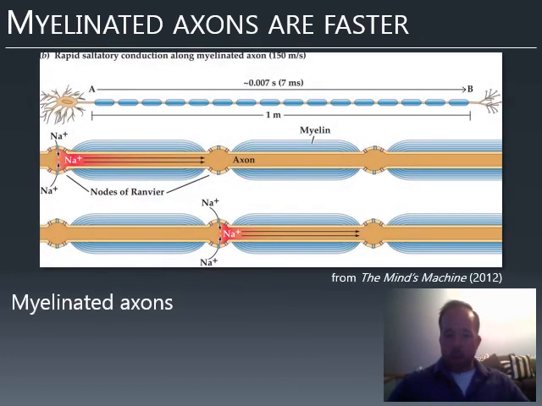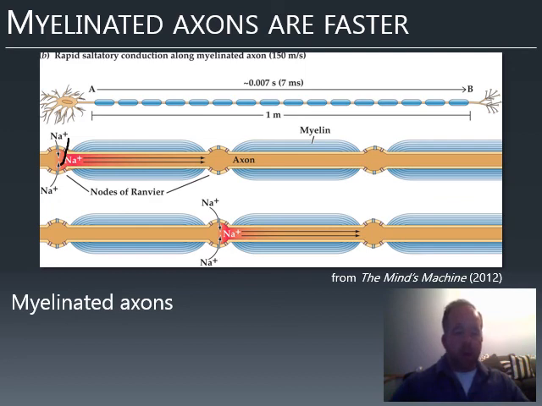Now, if there's myelin around them, they're faster. And why are they faster? Well, coating the axon in myelin has the effect of insulating it. So sodium, once it comes into one of the nodes of Ranvier, which is just the open space between myelinated sections, now has nowhere else to go but down the axon quite a ways.